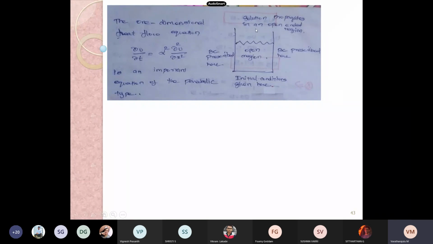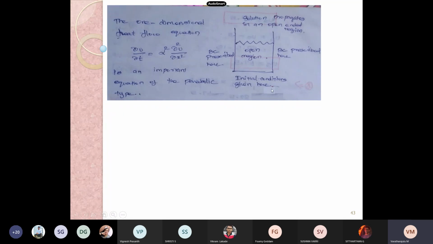What happens here is that from this medium to the boundary medium, heat transfer occurs. If everything is the same, then heat transfer from this region to the atmosphere will be there.